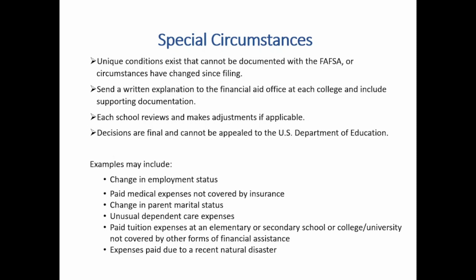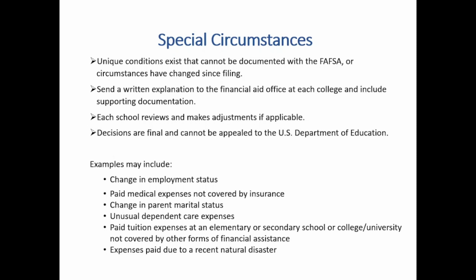Maybe you had paid medical expenses not covered by insurance that affected your ability to pay for college. All kinds of things, a natural disaster, and you didn't have insurance to cover. Maybe a tornado came and took the roof off of your home, and you didn't have insurance to cover that, and you had to pay for that out of your own pocket. So these are unique conditions that happen, and so they're not reported anywhere on the FAFSA.